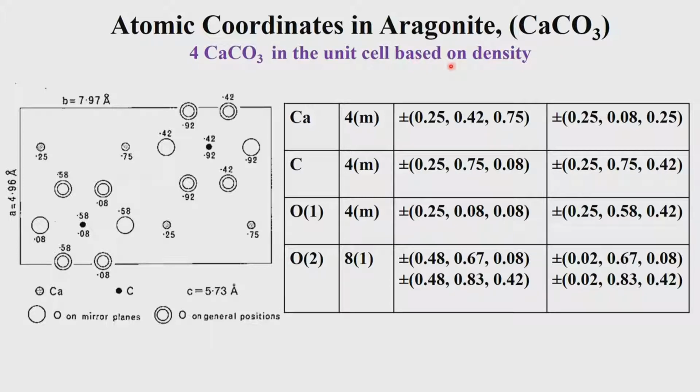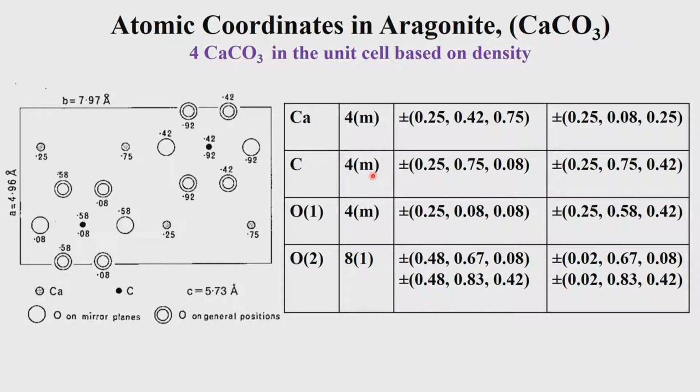At this particular moment we see that there are 4 calcium carbonate units in the unit cell based on the density, and the atomic coordinates are given in this table. The atomic coordinates tell us that there are 4 calcium atoms. The calcium atoms decide to sit in the mirror symmetry position, which generates the special 4-fold positions. So we will have 4 calcium atoms.